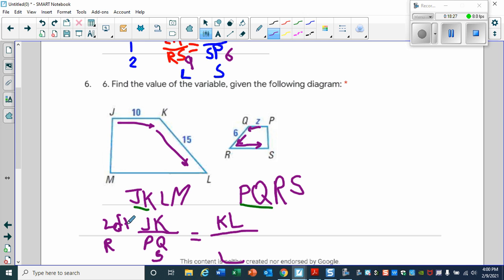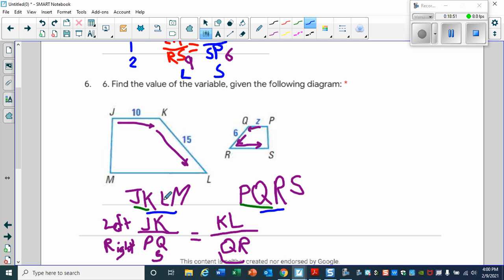Left for that L, right, and then smaller, larger, and then Q to R. That's the corresponding side for the right polygon.